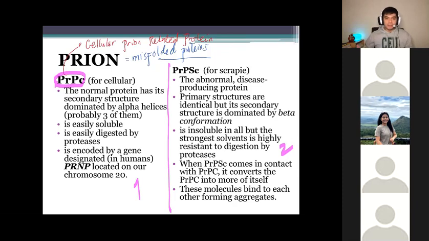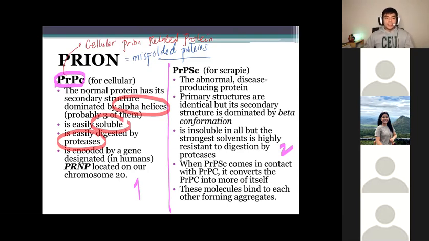So prion-related protein. Let's talk about the structure of the prion-related protein. It says on the slide, the normal protein PrPC has a secondary structure containing alpha helices. Okay, alpha helices, and then easily soluble siya, and can actually be degraded or hydrolyzed by proteases. Okay, by proteases. So yan ang characteristics ng PrPC.